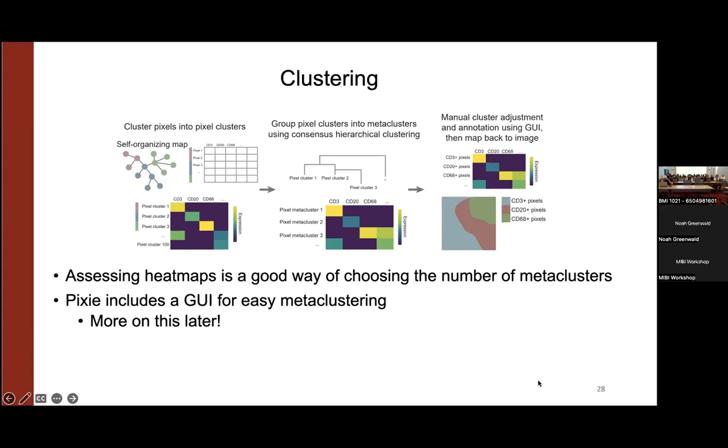However, we found that assessing the heat map is actually a very good way of choosing the right number of meta clusters. Previously, I think it's been difficult to do this because there hasn't been a good tool available to really interact with your clustering results. In our lab, what we used to do is print out a giant heat map on a piece of paper and highlight clusters and try to do it that way. So this new tool we think has really helped with this process, and I'll be talking more about that later.